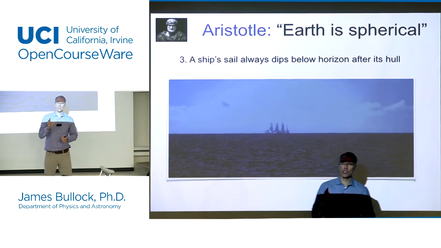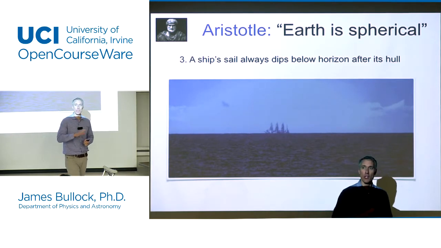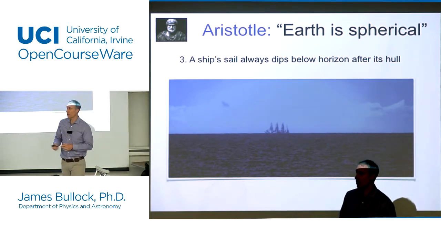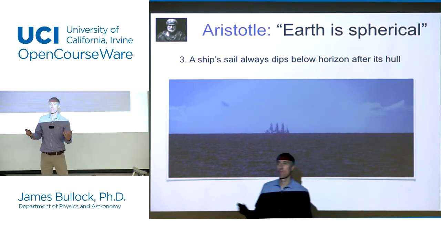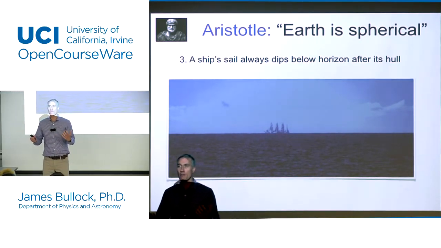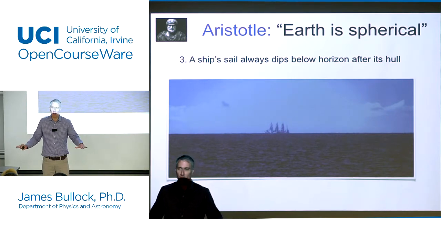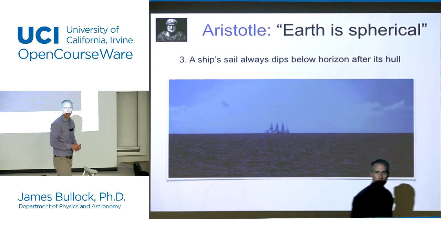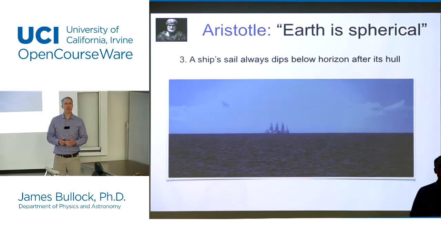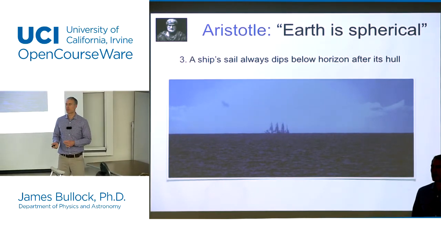Imagine you're talking to people 2,500 years ago, 2,300 years ago. You're talking to some people who have this intuitive, reasonable impression that they live on a flat Earth, and you're telling them, no, it's a ball. How crazy does that sound? You live on a ball.